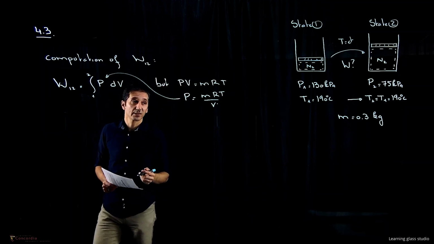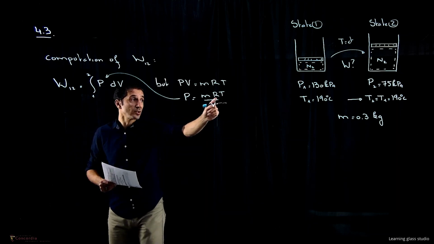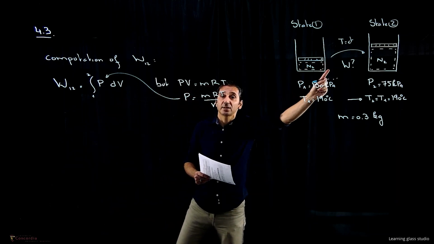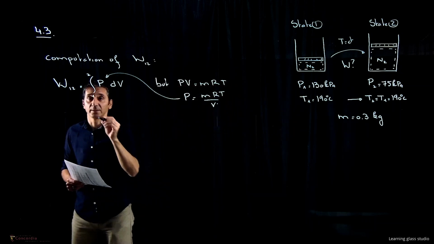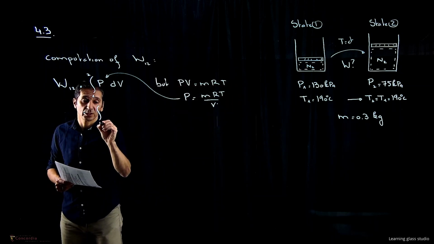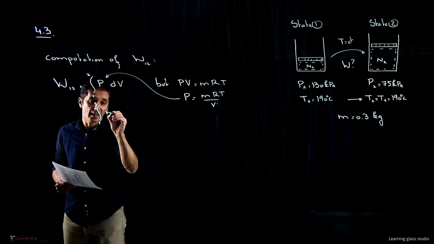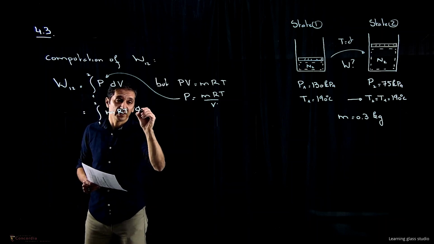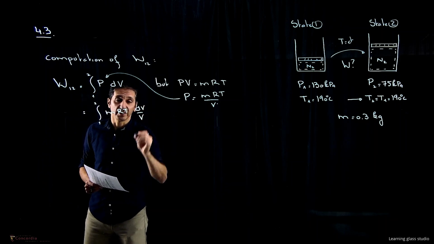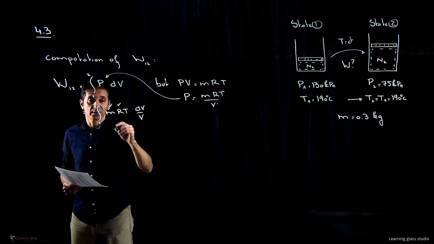Why are we doing this? Because you see that T will appear here, the temperature, and since we know that this is an isothermal process, we can bring the temperature out of the integral. So this is equal to the integral from 1 to 2 of mRT dV over V, okay? So the mass is constant, this is a gas constant.